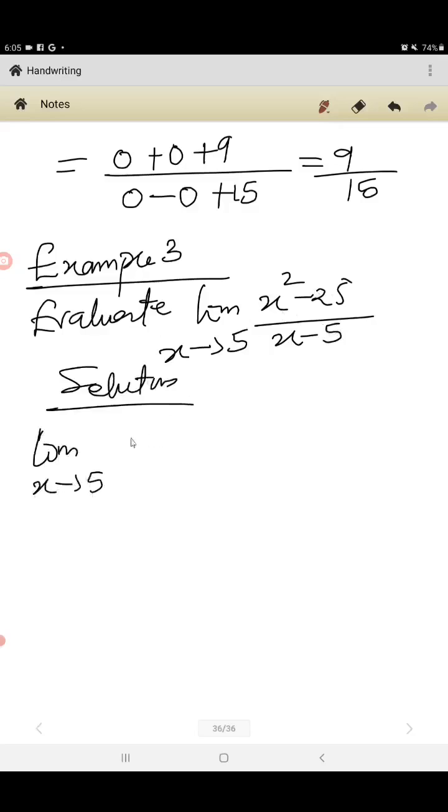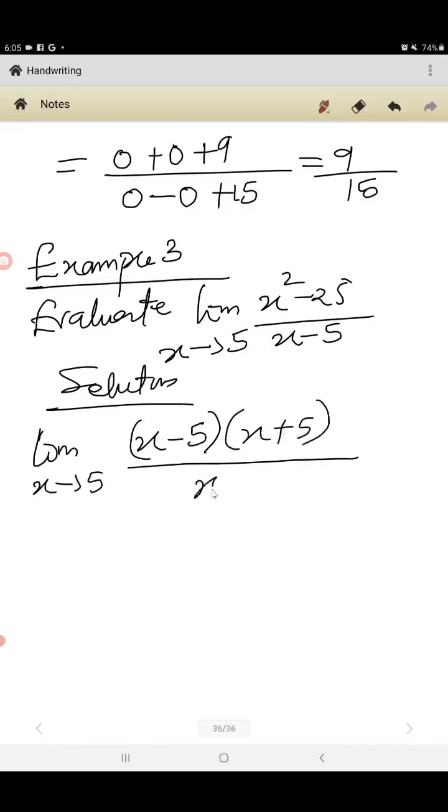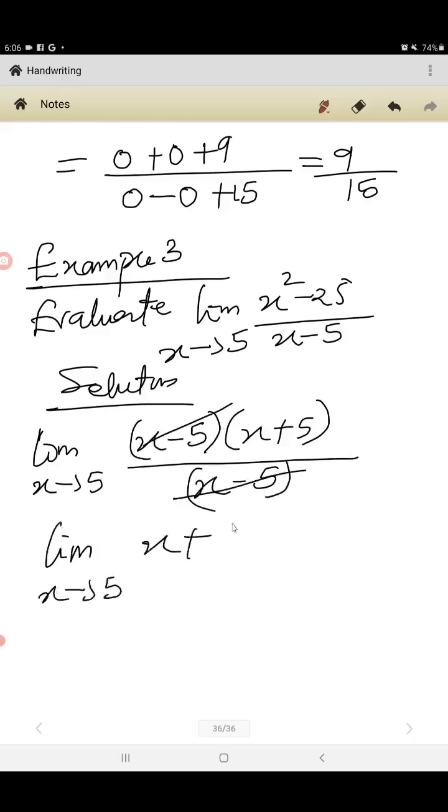This is the difference of two squares. This is x minus 5. By the time you simplify, it is x plus 5 all over x minus 5. So you discover that this will cancel this. So the limit as x tends to 5 of x plus 5 will now be 5 plus 5, which is equal to 10. So that is how we find the limit.